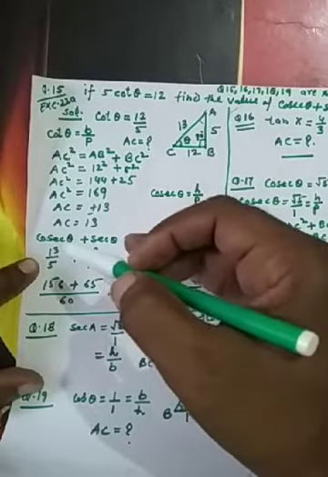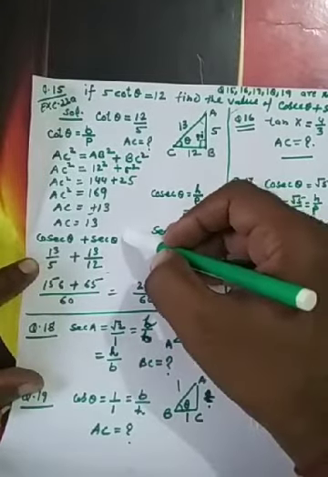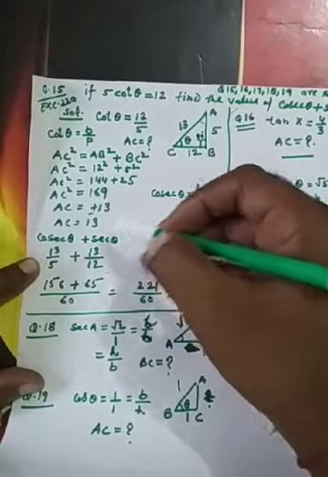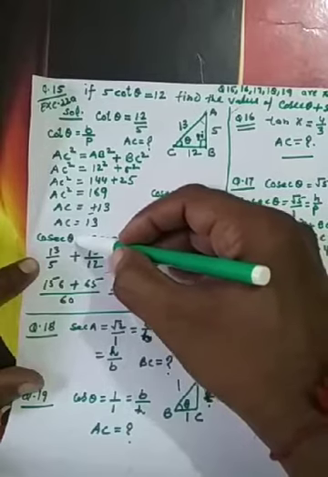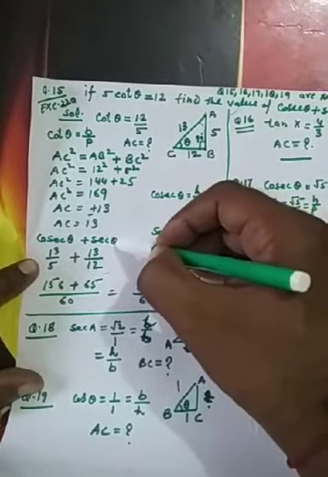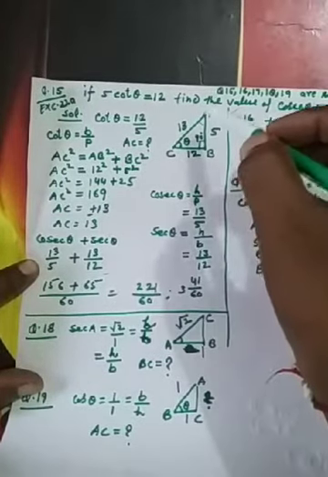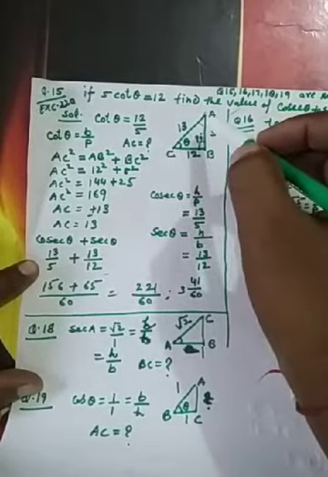Then we have to find cosec theta plus sec theta. Again this is very important. Cosec theta is also a ratio. Sec theta is also a ratio. So I keep saying that all the sides must be known.